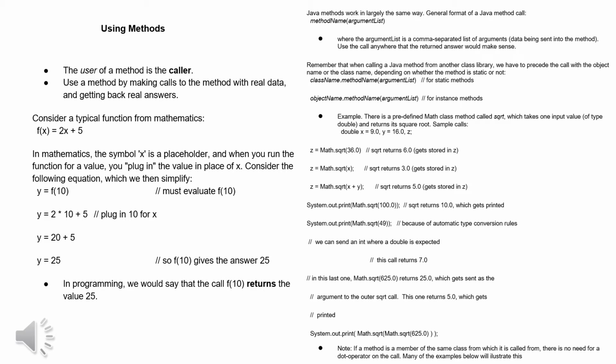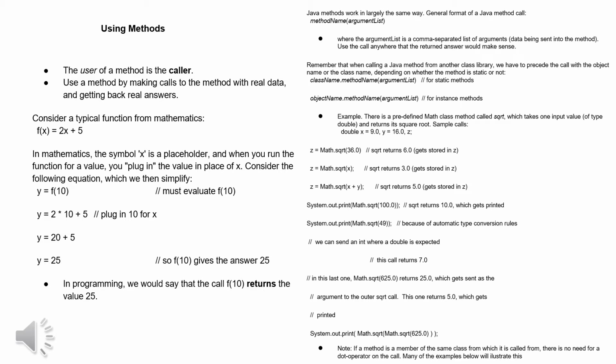So you can see several examples here. z equals Math.sqrt(36). So this one will return 6 as a result.